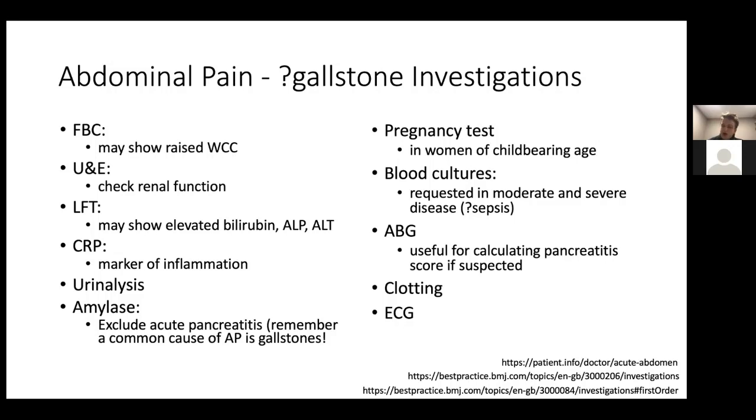If you're concerned a patient has sepsis, maybe you're thinking they have ascending cholangitis, they have a high-grade fever, they look really unwell, maybe hypotensive, tachycardic, it might be worth doing blood cultures as part of the sepsis 6. ABGs are useful when calculating the Glasgow pancreatitis score. Clotting, and all acutely unwell patients should really have an ECG as well.